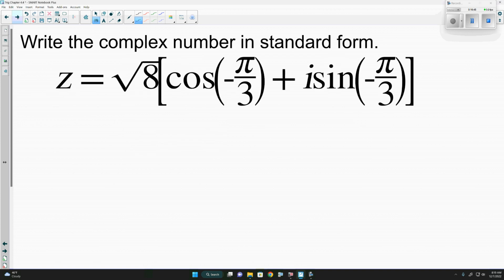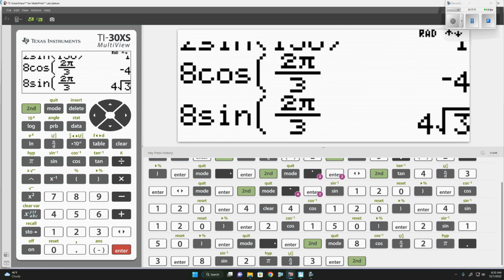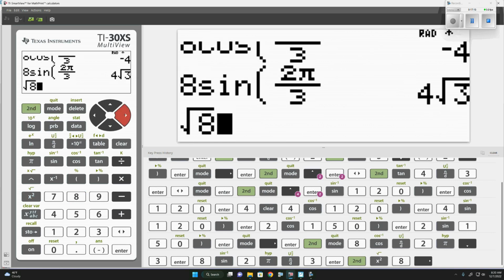This one? Same thing. Not any different, because we don't have to have an R value that's a whole number, because we can plug it in. Square root of 8, which really could be rewritten as 2 square root of 2. Square root 8, cosine of, I think it was negative pi over 3.